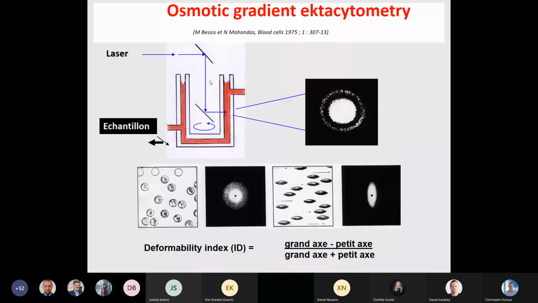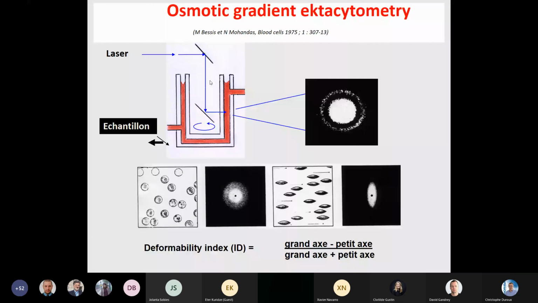It's a very efficient test that was developed during the 70s by Narla Mohandas and Marcel Bessis at Bicêtre Hospital. And now it comes back to the front of the line because the system is available commercially. It had not been commercialized for like 20 years, and now it is commercially available.